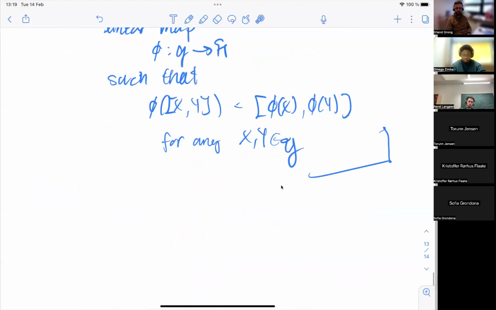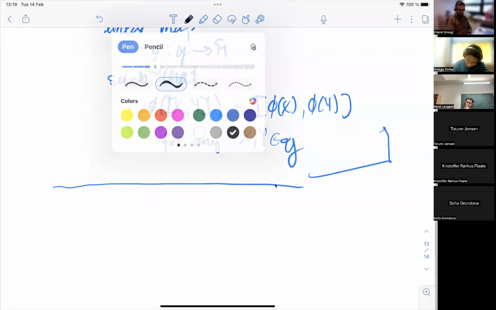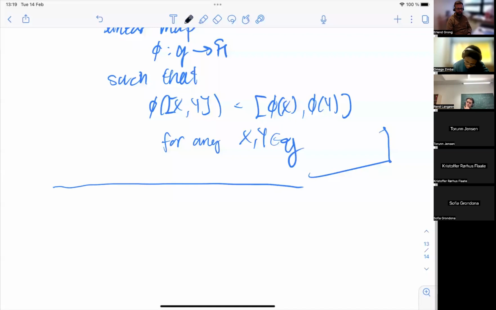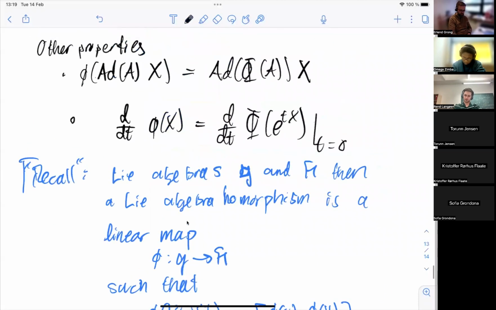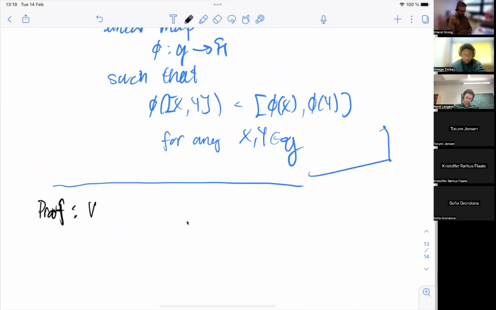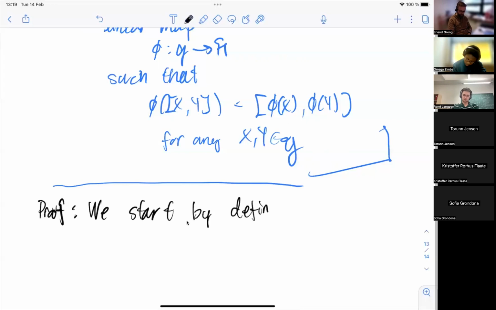So let's do the proof, and then I think that will be all for today. So let's call this one I and this one I. Okay, now this is not really correct, so let's do it like this.